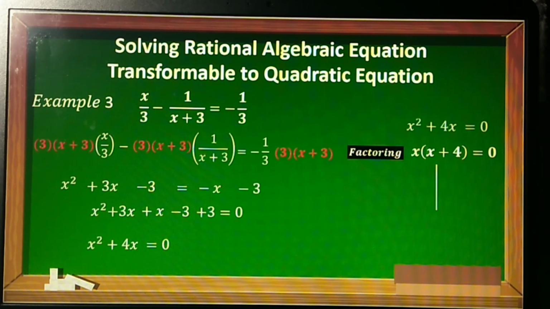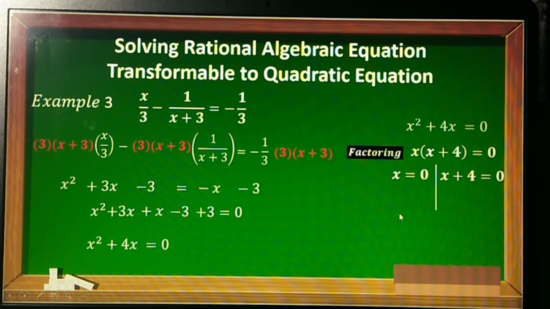So, first factor, we have x is equal to 0. Then, the second factor is x plus 4 is equal to 0. So, first root natin is x is equal to 0. Then, this one, yung second root natin is x is equal to negative 4. So, transpose lang natin si positive 4, kaya naging negative 4.